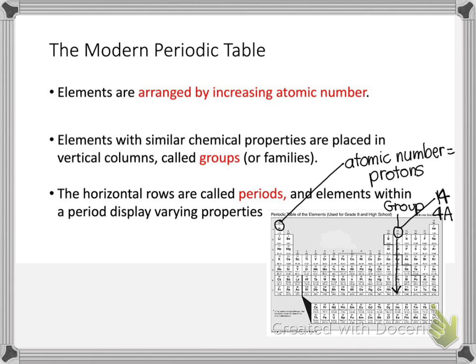Now we also can have the rows, so that is horizontal. And horizontal rows are called periods. And the periods are identified starting at 1 at the top of the periodic table and then just going down with the numbers.